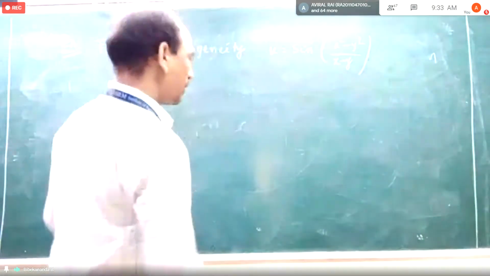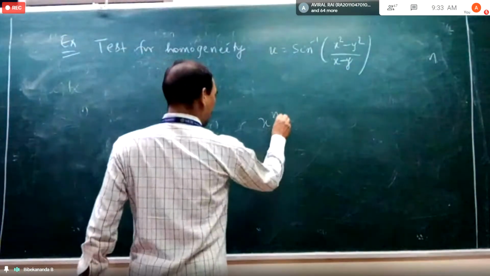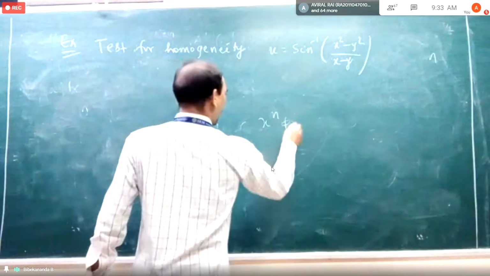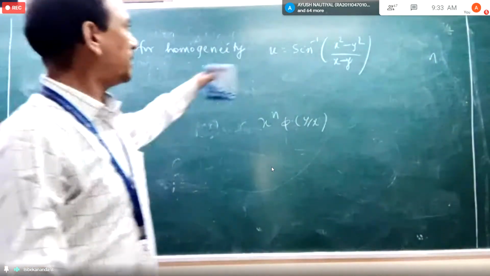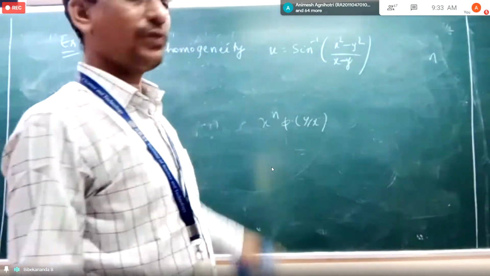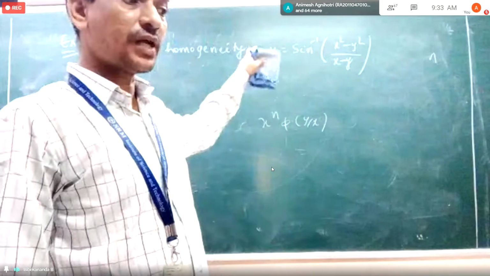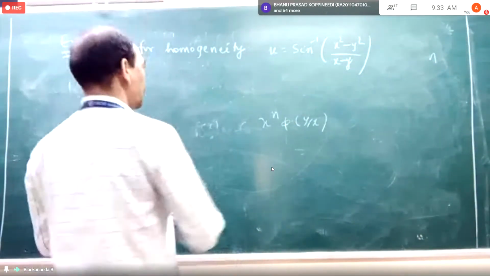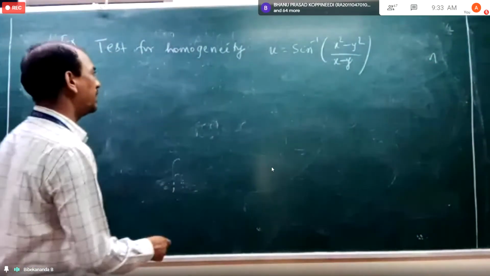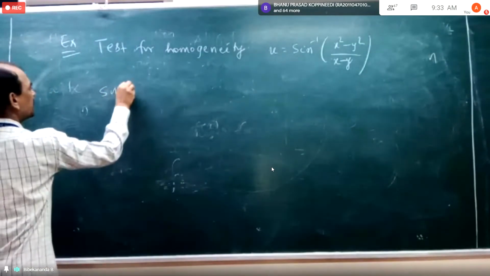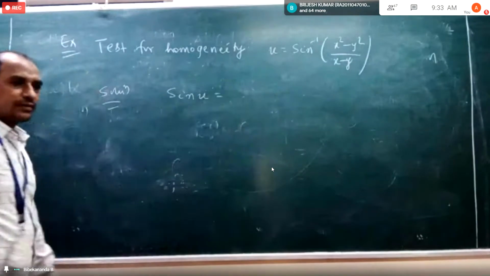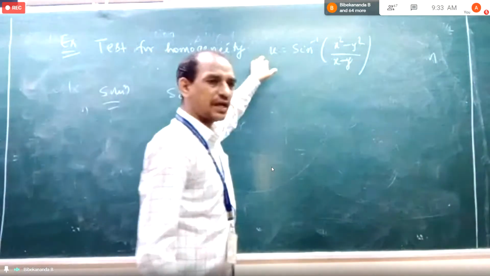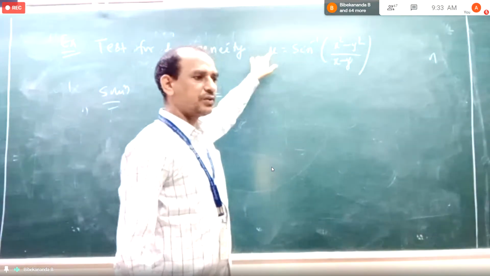Remember, whenever a homogeneous function is involved, you have to write that function in the form x to the power n phi of y by x. We have to see whether it is possible to write this expression in that form. So first you write sine u: this inverse you bring to this side.